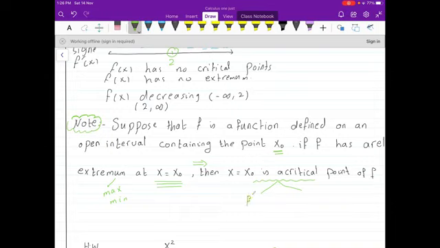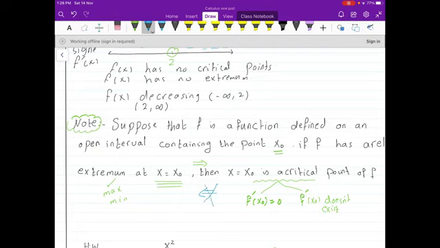What does critical point mean? It means either f prime of x naught equals 0 or f prime of x naught does not exist. But the converse is not true.